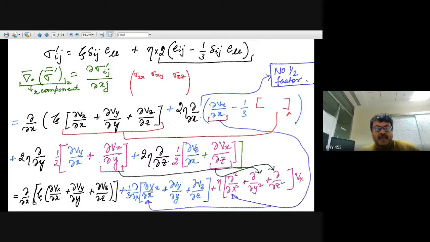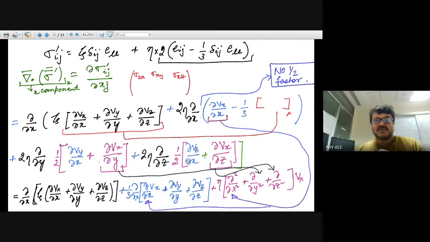Okay, and there should be an eta factor here also. So this eta should be here. Here in general, this 2 cancels, this del v y del x, del v y del x, and remember there is this del y, it can be interchanged. So these blue things are coming here and the purple things are coming here.